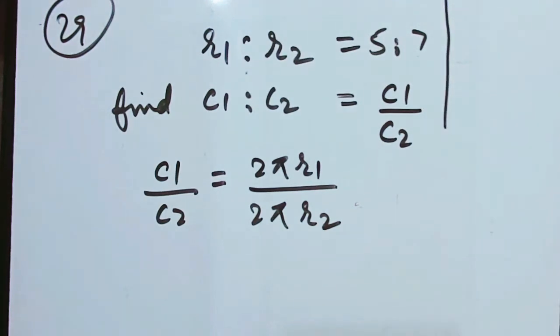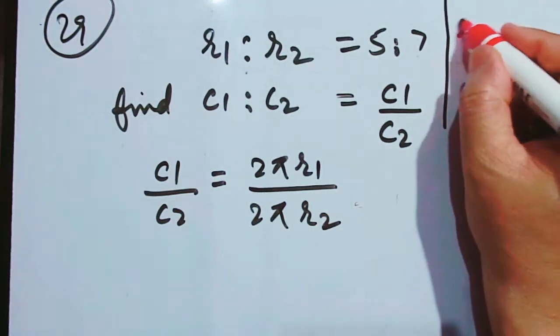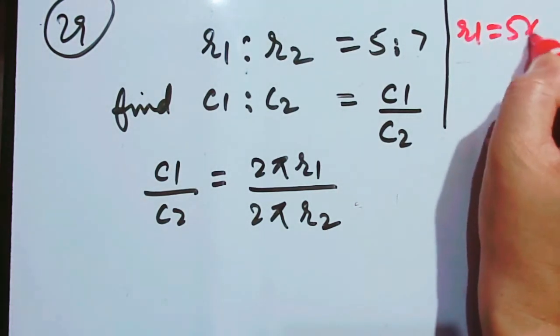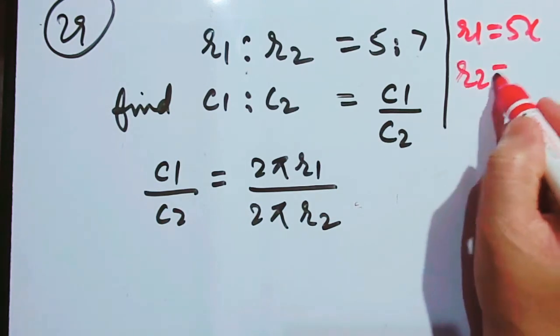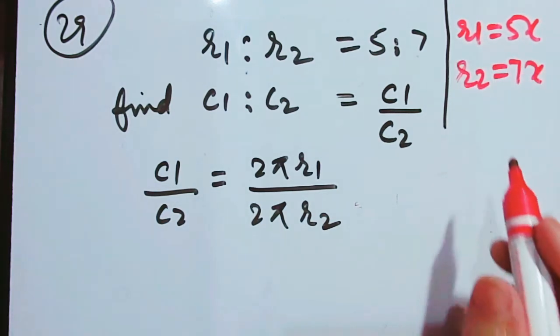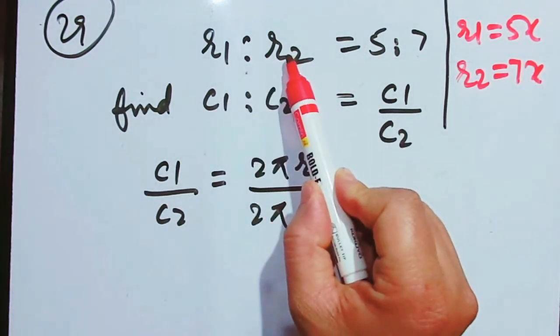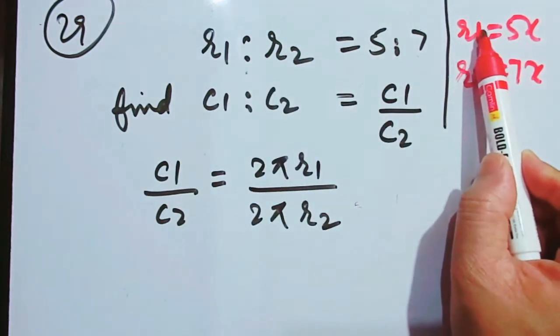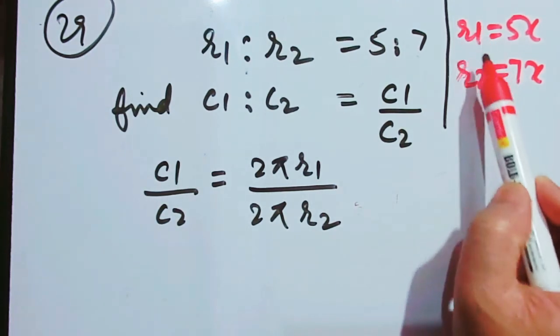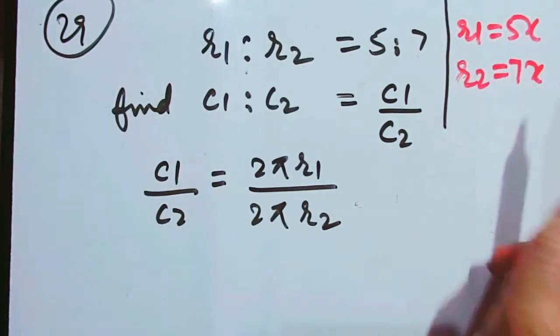Here R1 is not equal to 5. Here R1 is equal to 5x and R2 is equal to 7x, because the ratio of the radii is given, so we have taken the values of these two radii by taking a common factor x.